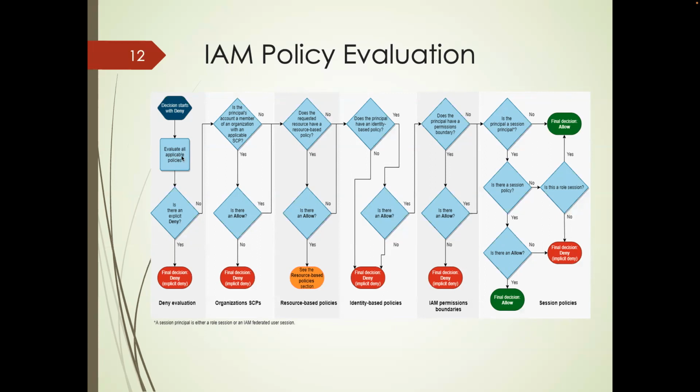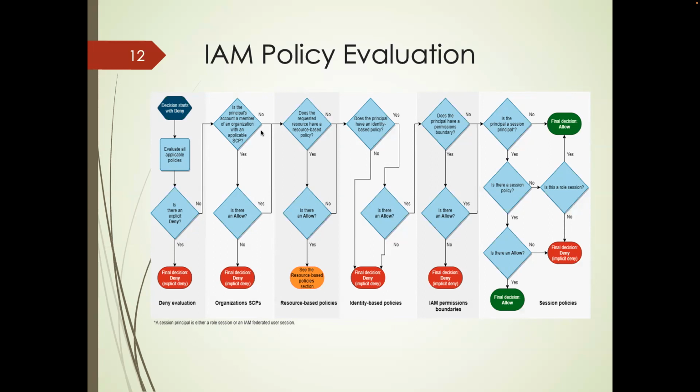It will evaluate all the applicable policies and then it will put up a decision tree, asking, is there an explicit deny? If there is, then the final decision will be deny. If there's no explicit deny configured, then it will check, is the principal's account a member of an organization with an applicable SCP?